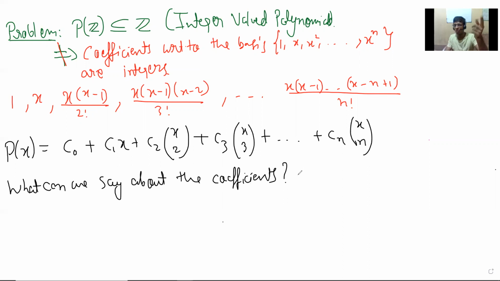So earlier we saw the coefficients are not necessarily integers, but now if you write it like this, then can we say a pattern, or rather in this case, the property?